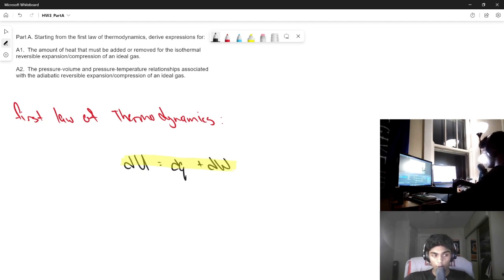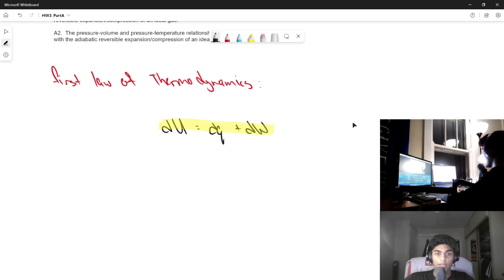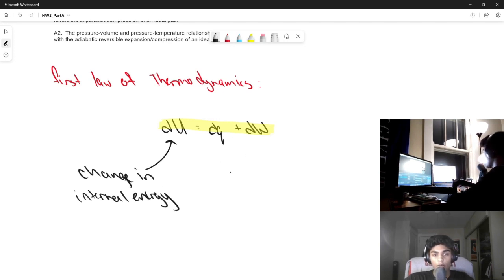So over here, what I've done is I've written down the first law of thermodynamics, and we defined the first law of thermodynamics as: this is the change in internal energy. We have a component which is related to the heat added or removed.